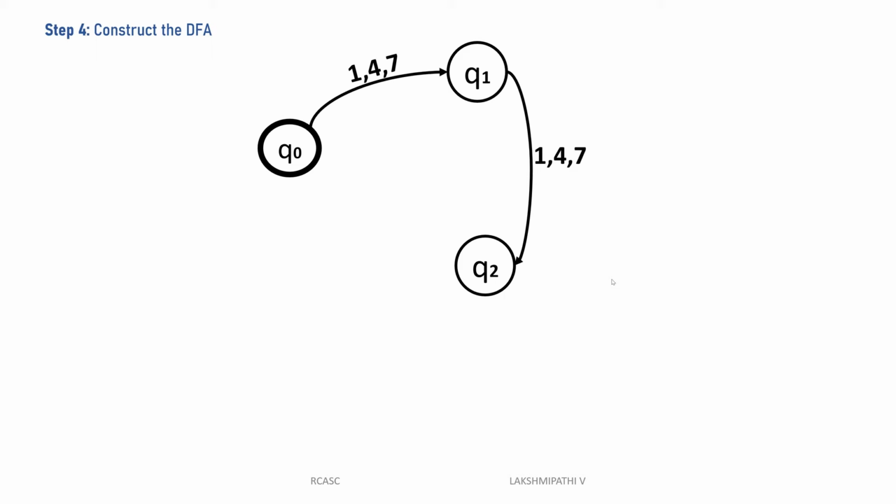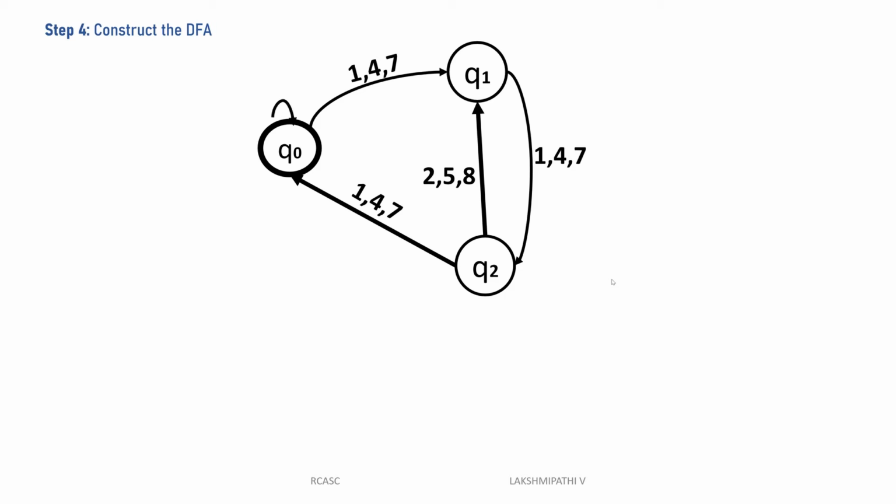q1 reads 1, it will go to q2. That is 1, 4. Then q2 reads 258, it will go to q1. Then q2 reads 1, it will go to q0, that is 147.